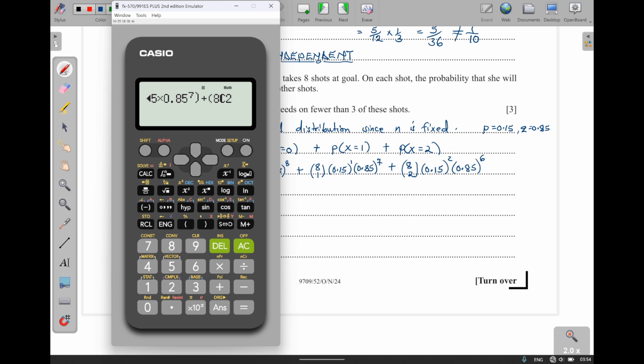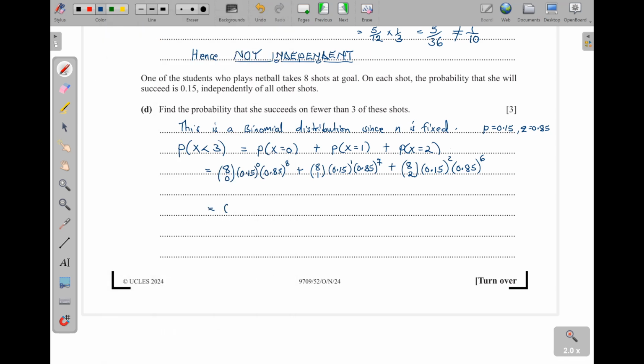Okay, 8 combination 2, then times 0.15 power 2, then times 0.85 power 6, and then all together this one gives us 0.895 to 3 significant figures.